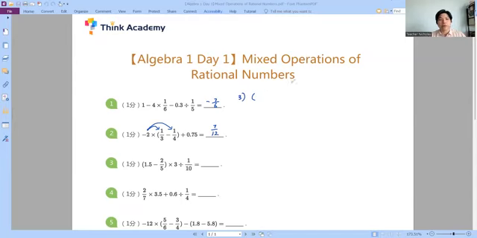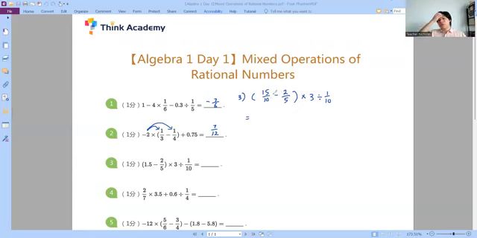I prefer to rewrite 1.5 as an improper fraction. So that's 15 out of 10 minus 2 out of 5. And here I'm going to multiply by 3 and divide by 1 out of 10.